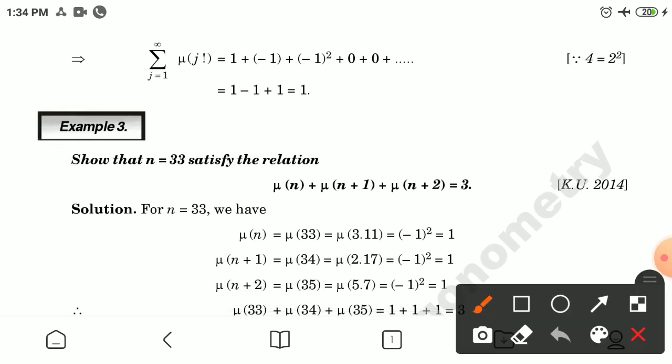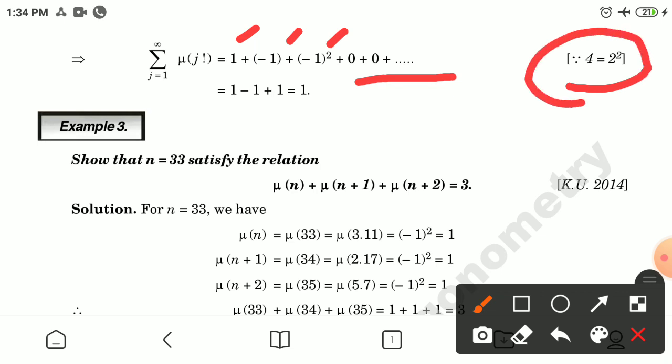Therefore using the definition of the Mobius function, the first term gives 1, the second term gives minus 1, the third term gives minus 1 squared, and all other terms give 0 value, since the other terms contain a square of 2, and therefore the value is equal to 1.